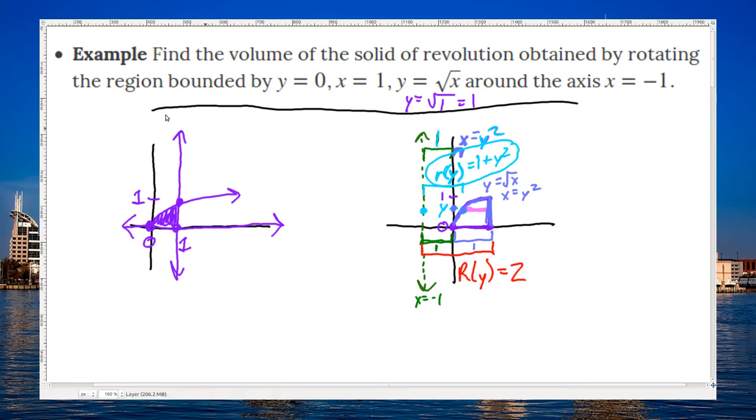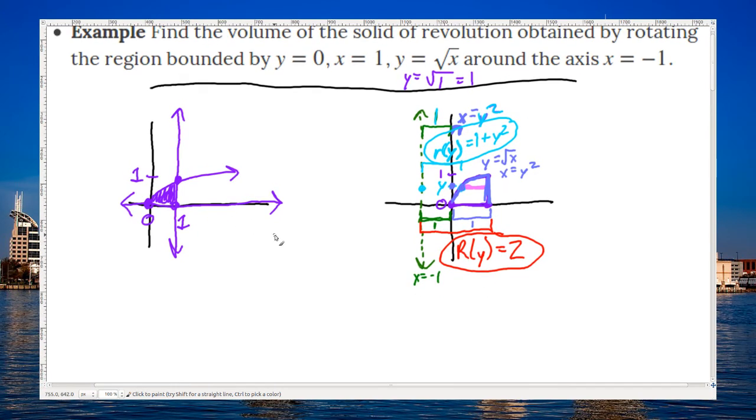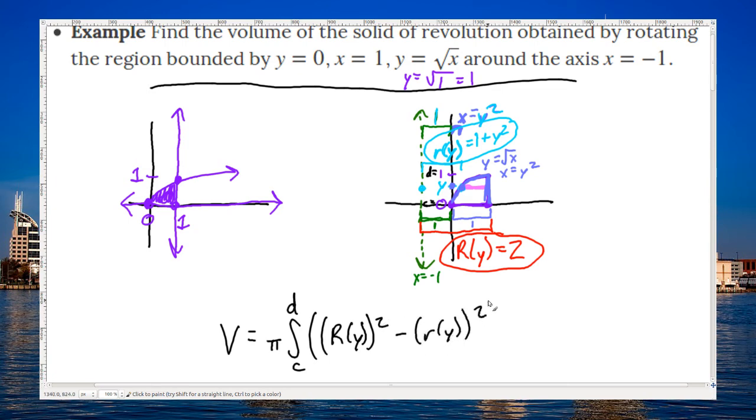So I've got my inside radius and my outside radius. Now, these are functions of y, but that doesn't make a difference for us. We'll just use the same formula that we usually use, but we'll switch all of our x's for y's. So we'll have pi. Traditionally, we use c and d because they're y values. That just means the bottommost and the topmost y value of the region. And we'll do big R of y squared minus little r of y squared dy.